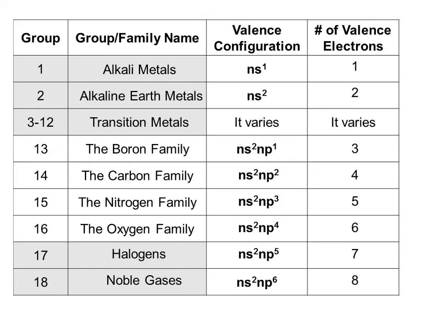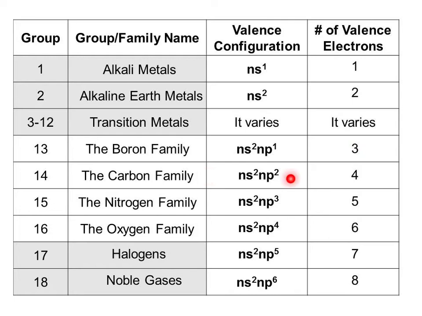Groups 13, 14, 15, 16 don't have special names, so we're just going to call them by the element on the first row. Boron family has a valence electron configuration of ns2 np1 and 3 valence electrons. Next one is the carbon family.